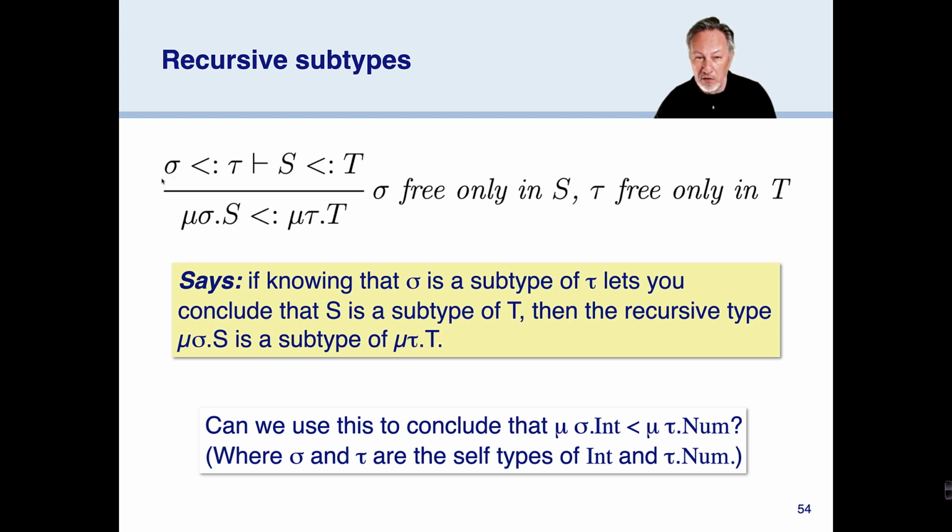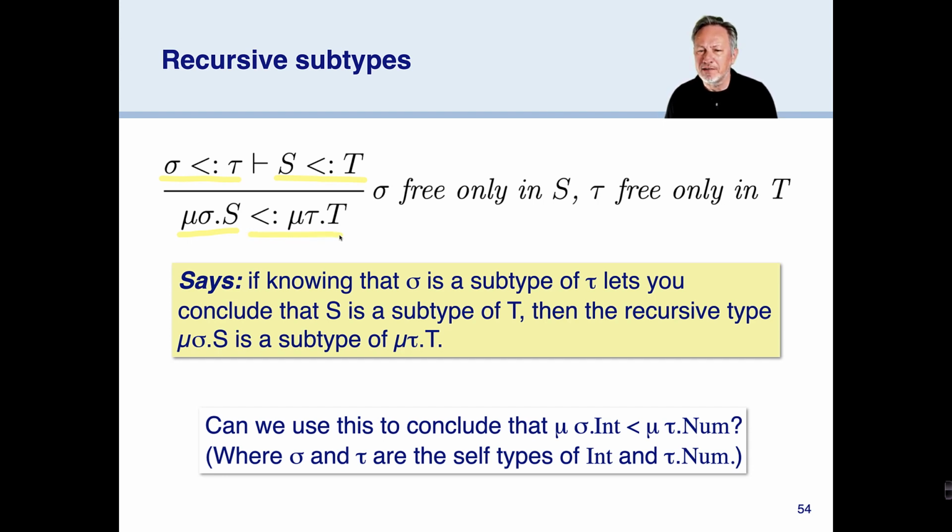So here, if knowing that sigma is a subtype of tau would allow you to conclude that S is a subtype of T, then if you recursively bind, so this is a variable, so sigma and tau are types that appear in the types S and T, if you then recursively bind these, then these should be subtypes.